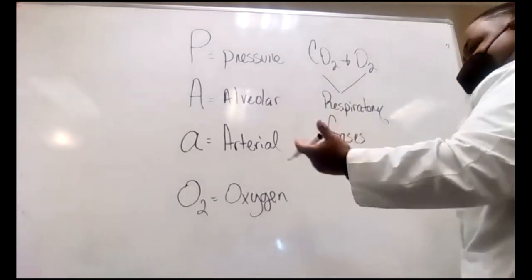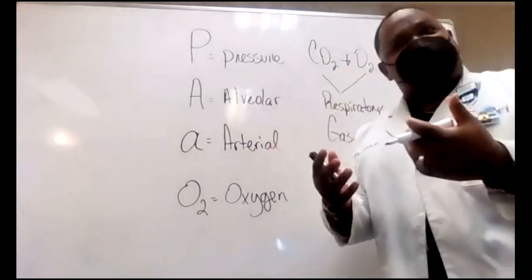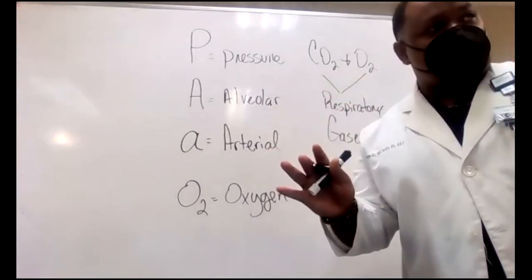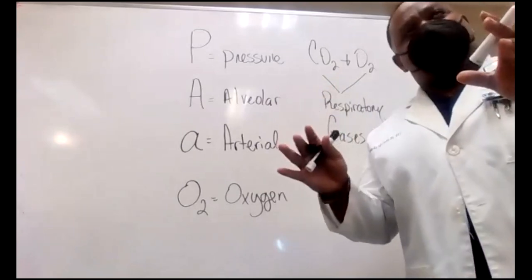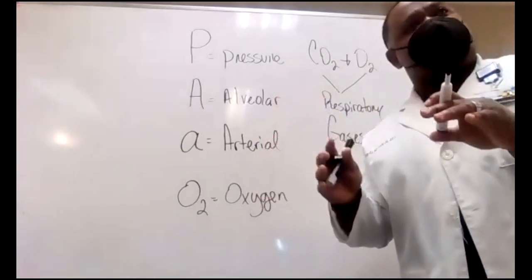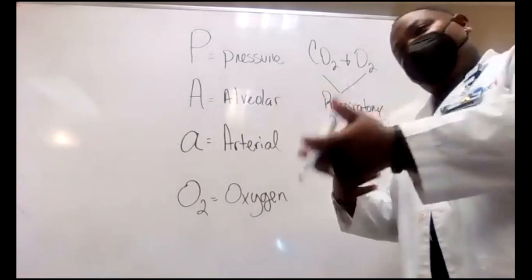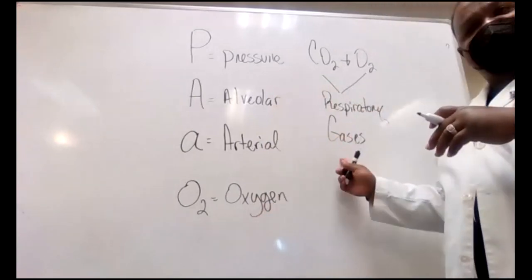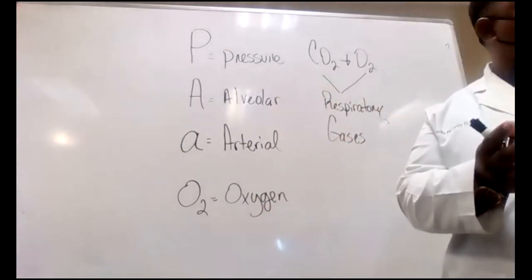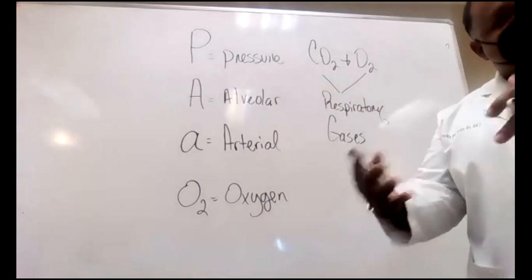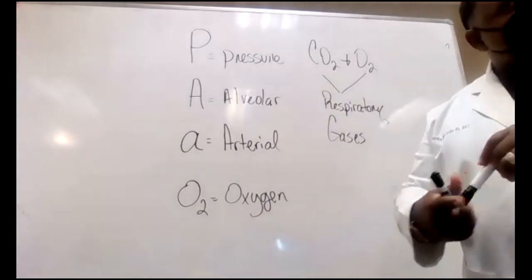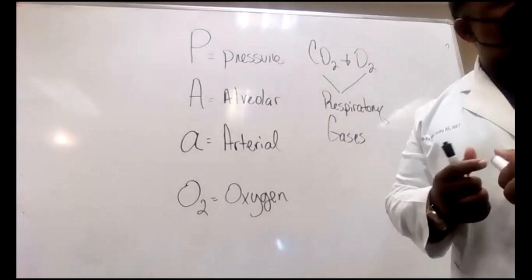CO2 and O2. That's gas exchange. External respiration is gas exchange in the alveoli. Now, not only does this gas have to exchange inside the alveoli, but it also has to exchange at the tissue level, down in your foot, right? Don't your foot need oxygen?